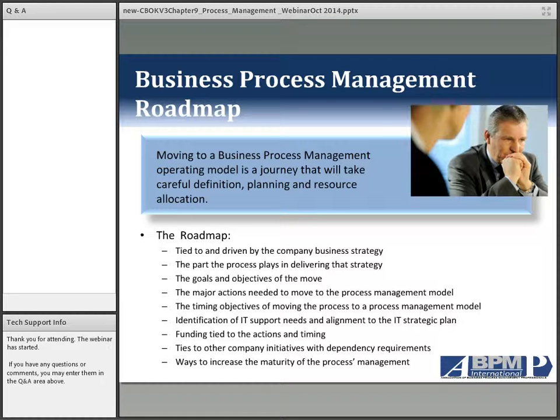Now, what that also means is that you have to build in, I'd like to say a semi-annual, but at least an annual review of the business process management roadmap to see what strategically is changing, because business strategy changes based on a lot of external factors, everything from market opportunities to legislation. And it also changes, to a large degree, based on the skill sets that are available in the marketplace.